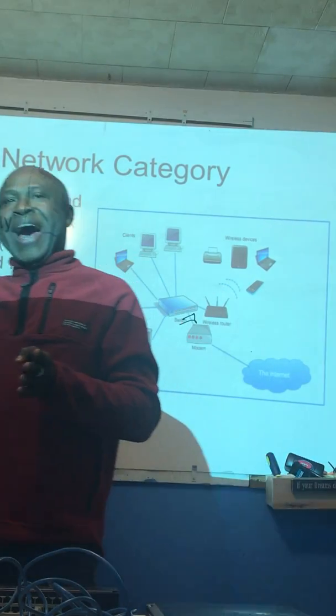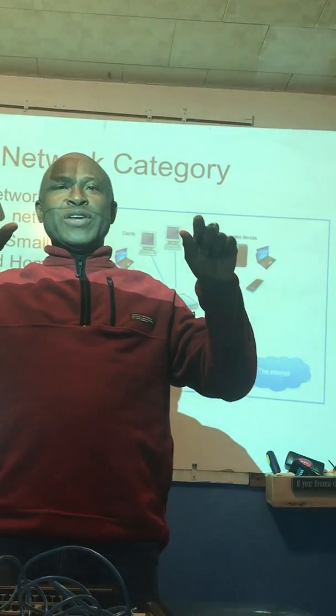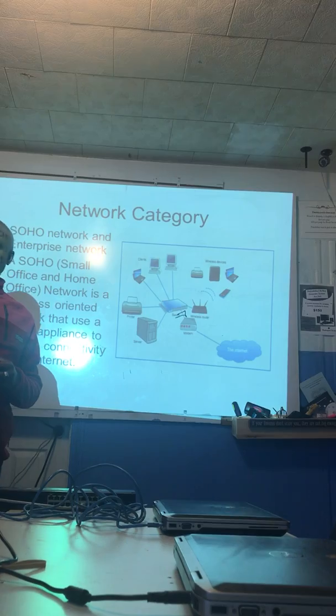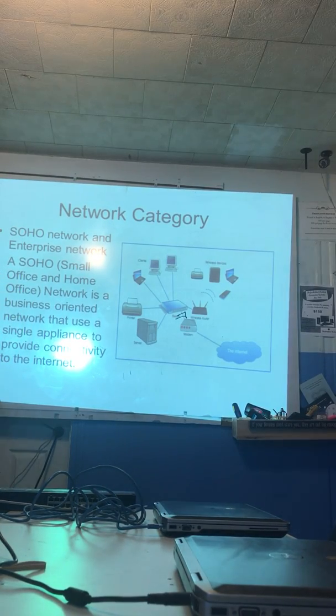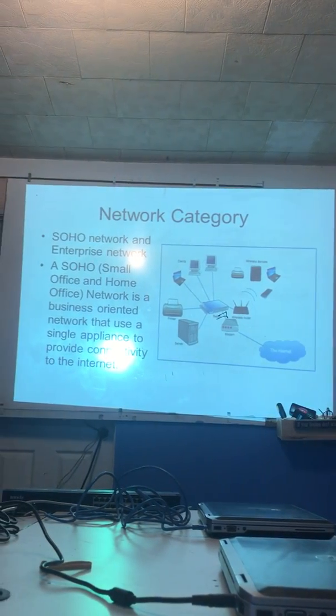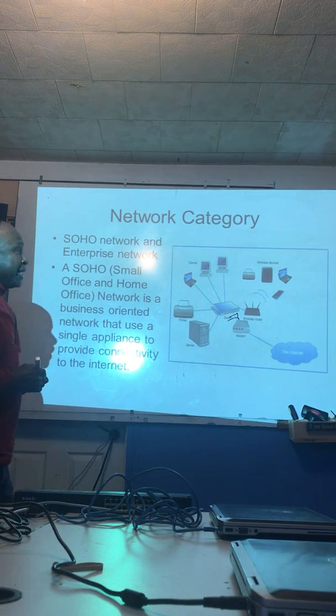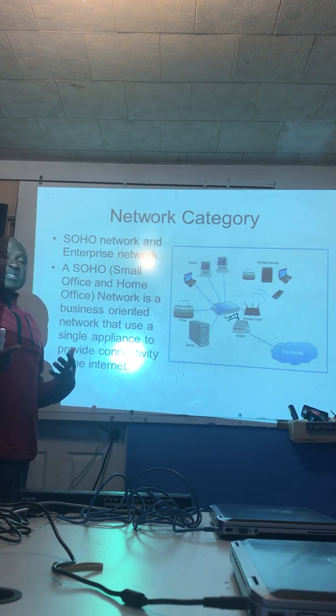The router assigns an IP address to every computer on the network, and you also need a bridge or a modem that will connect your network with an ISP provider. Your ISP provider may be Comcast, maybe Verizon, and it can be any other company that provides internet service.